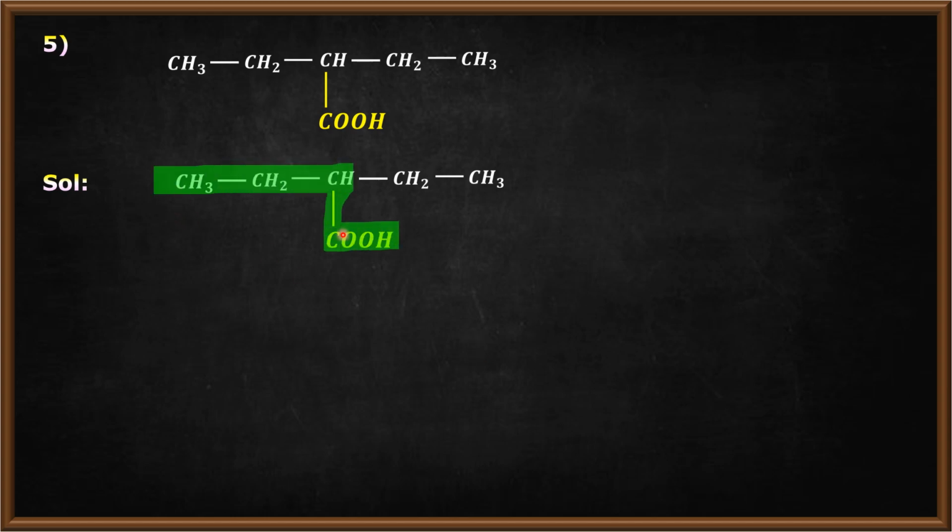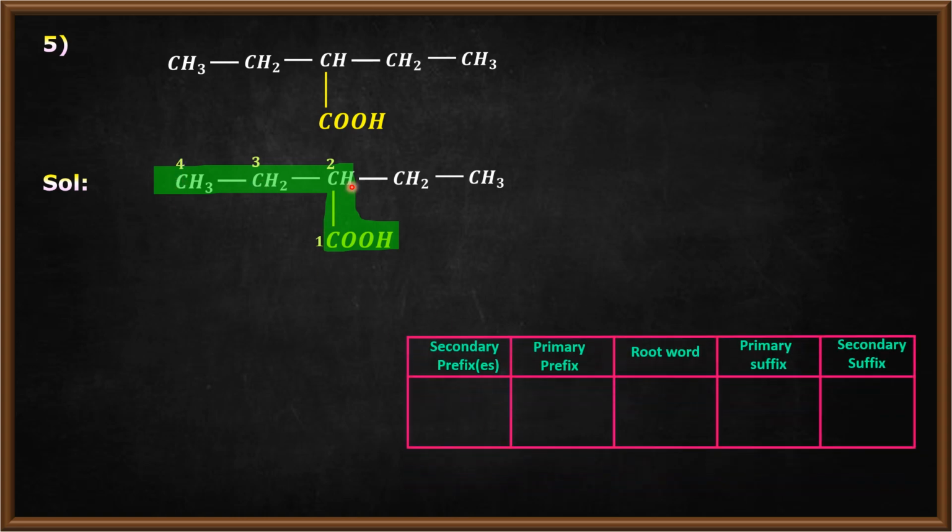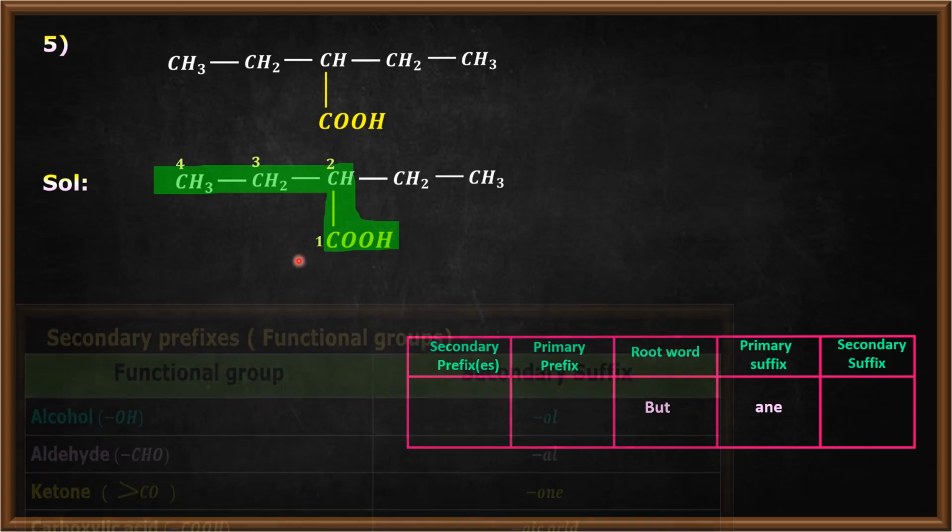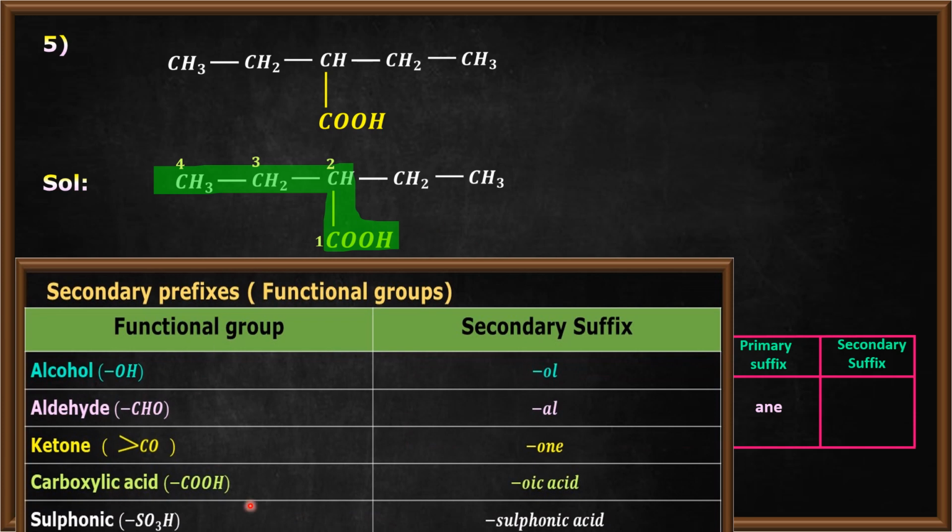So this is the parent chain, 1, 2, 3, 4. 4 carbon atoms are there in this parent chain, so the root word is but, primary suffix is an, and for the COOH functional group the secondary suffix is oic acid.